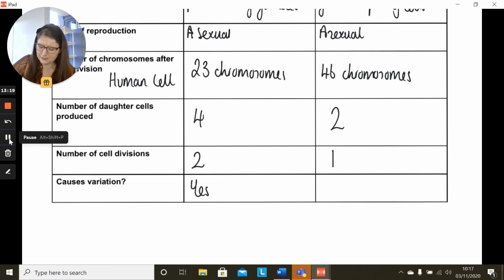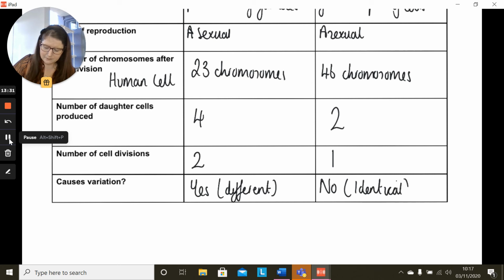They are genetically different compared to the mother cell, whereas in mitosis there is no variation because they are identical to the original mother cell. So this table is going to be really handy if you have to compare the similarities and differences between mitosis and meiosis.